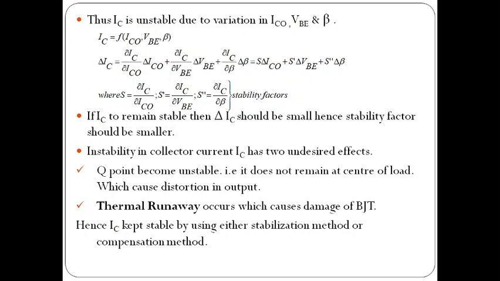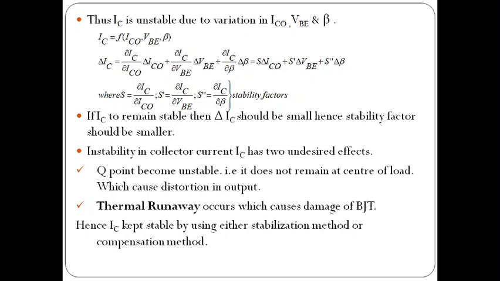Every transistor has its own maximum power dissipation rating, but when more collector current flows through the collector junction, then due to the higher power dissipation, the BJT will be damaged.